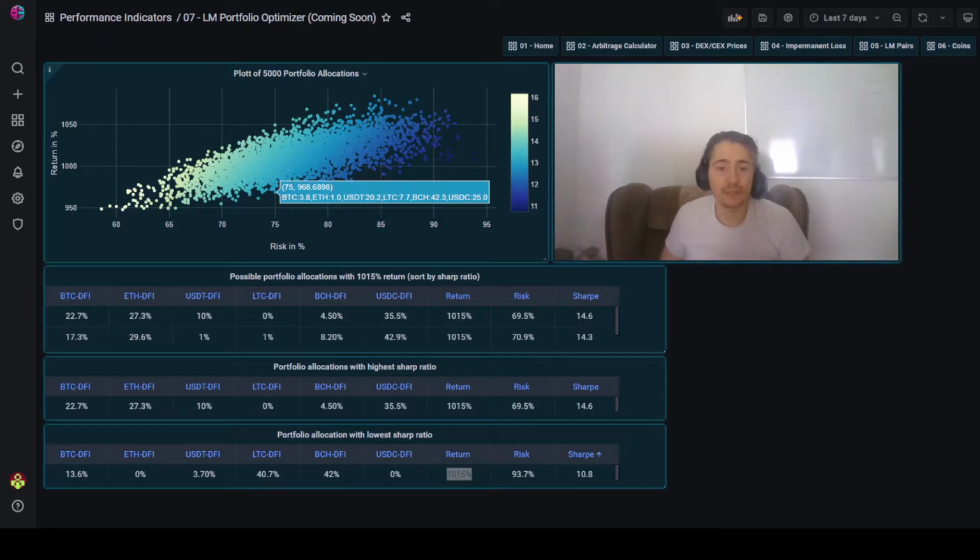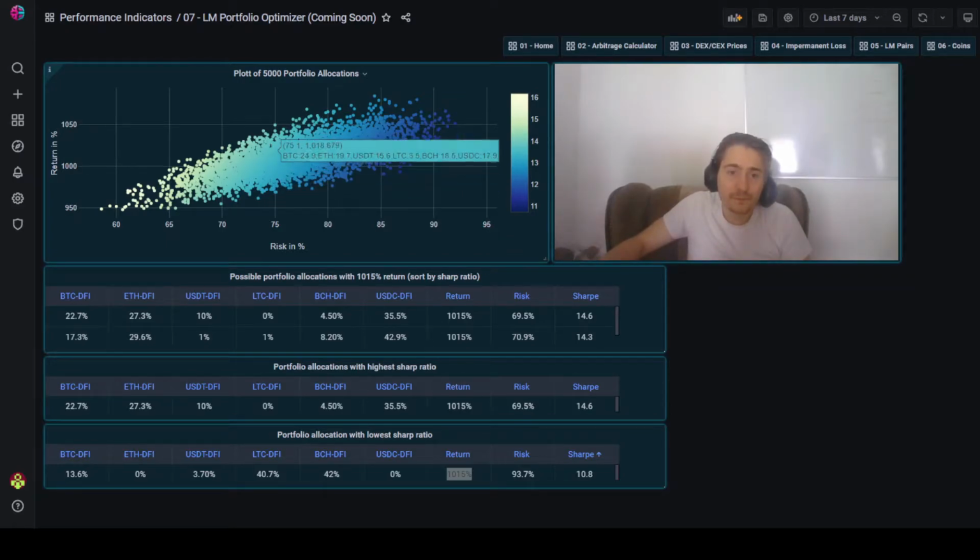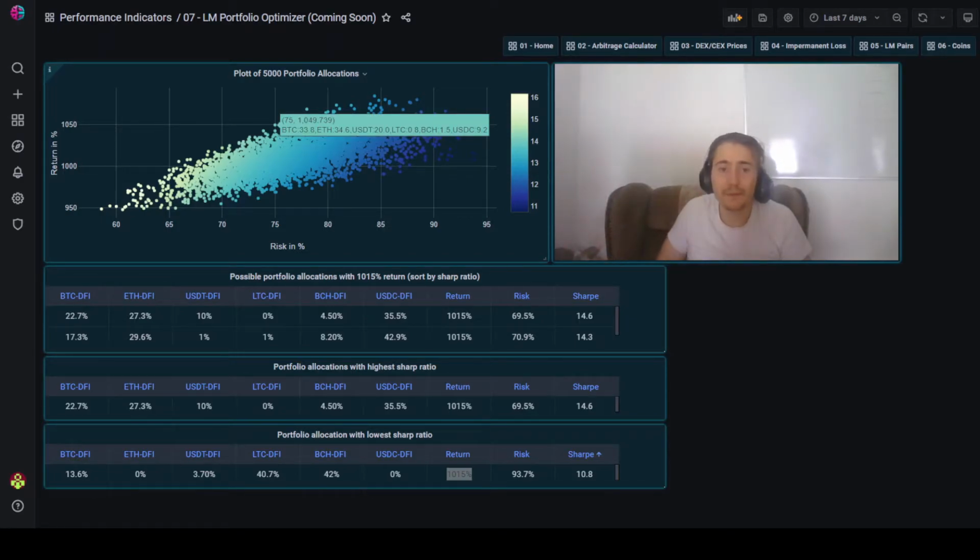So here comes the interesting thing. At the same level of risk, we can go up here. So we're still on 75, and you see this one point here. We're still at 75% of risk, but now we have a return that is 1049%.